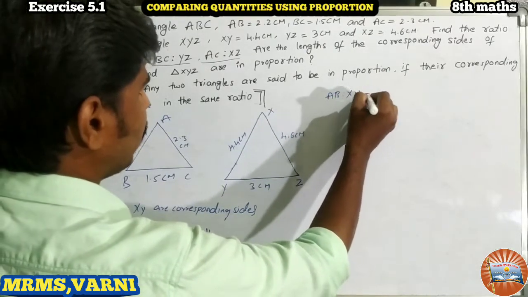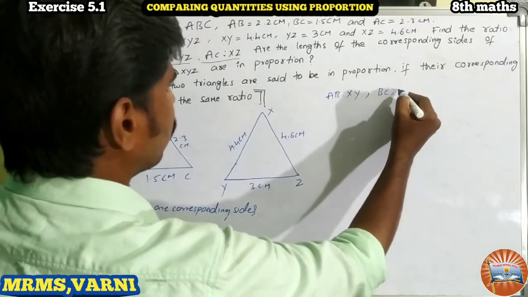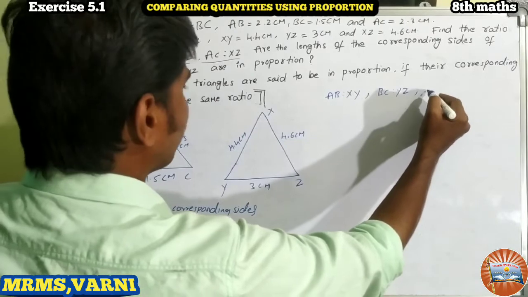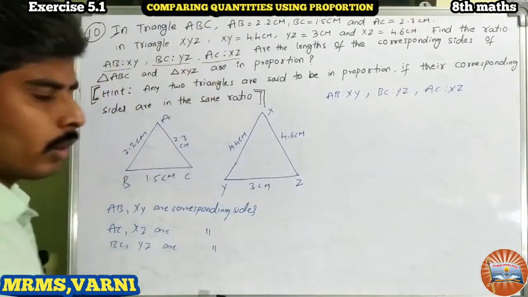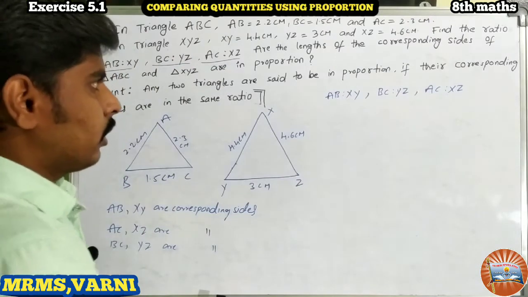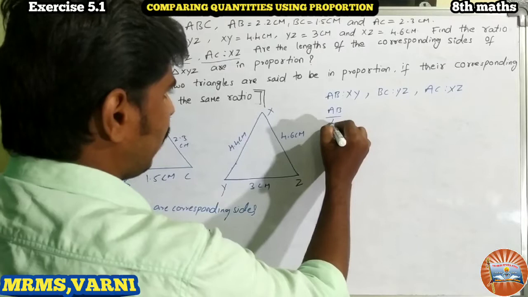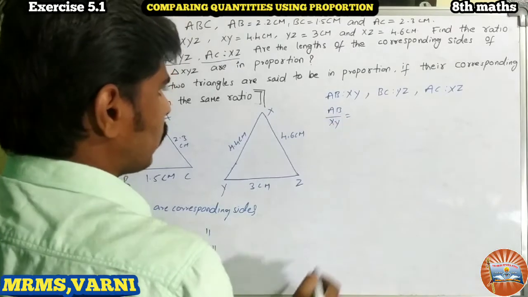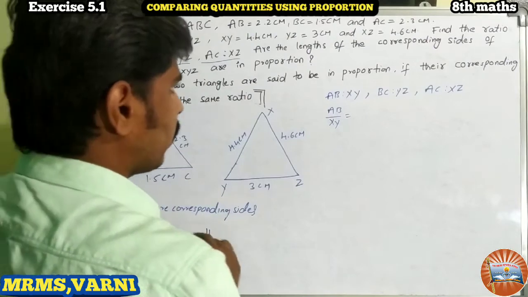AB is to XY, BC is to YZ and AC is to XZ. Okay, right, so we can write AB by XY, that is equal to, AB value we have, so write down the values here.